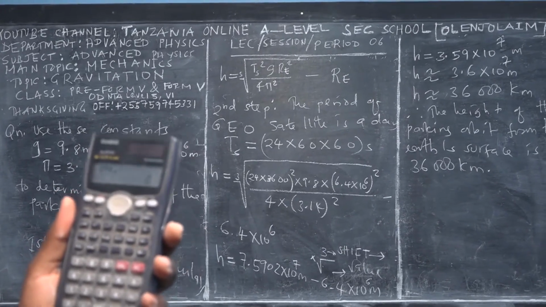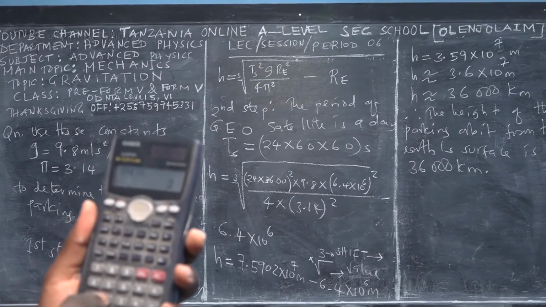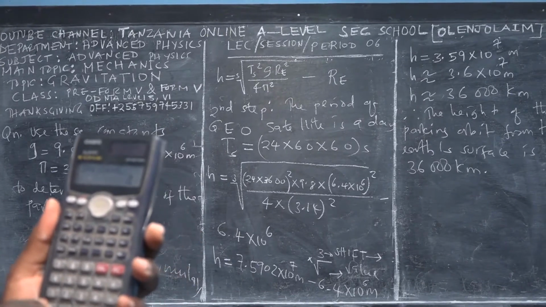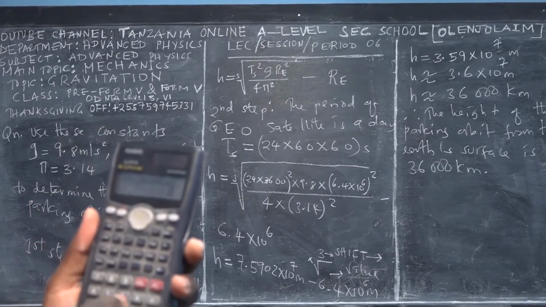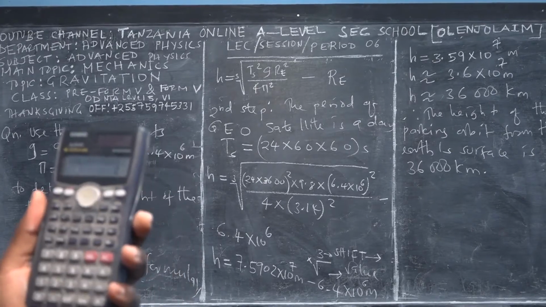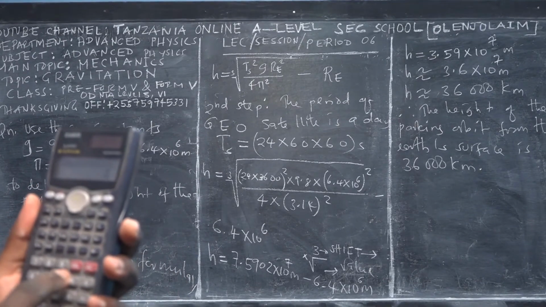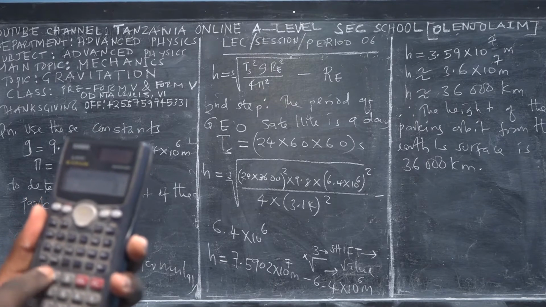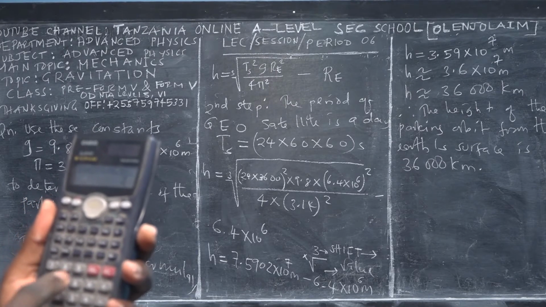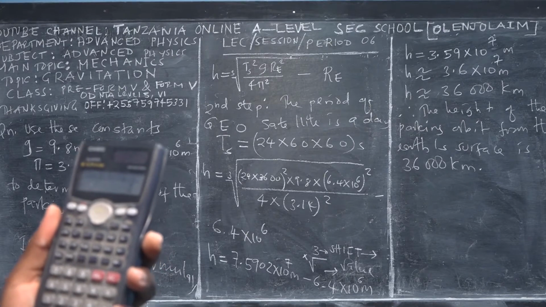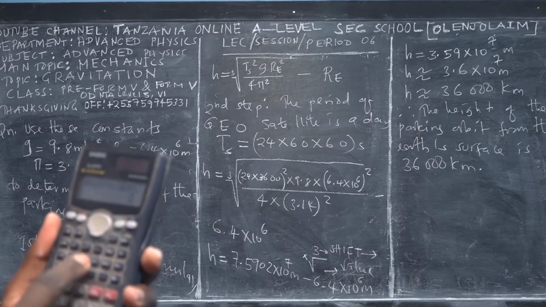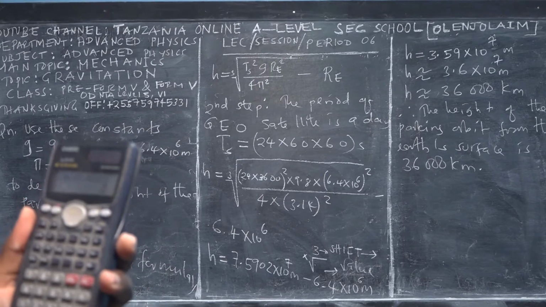Then you introduce your number. For that case it is 24 times 60, and then you square, and then you multiply with 9.8, you multiply with 6.4 exponent 6 square. So that is all about the numerator.